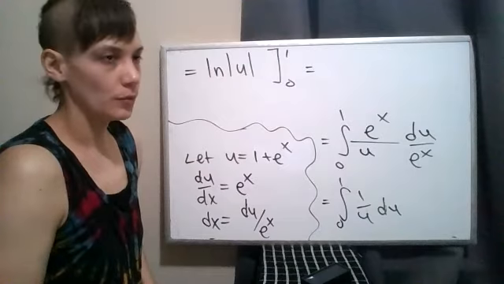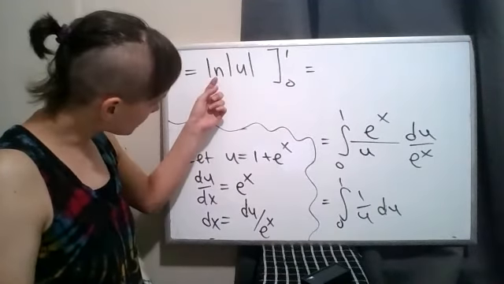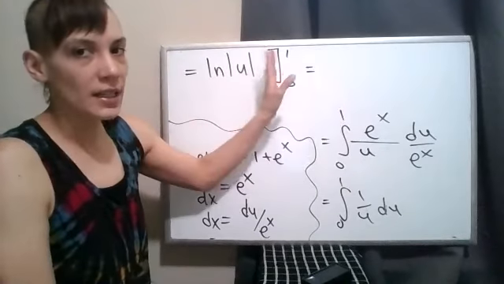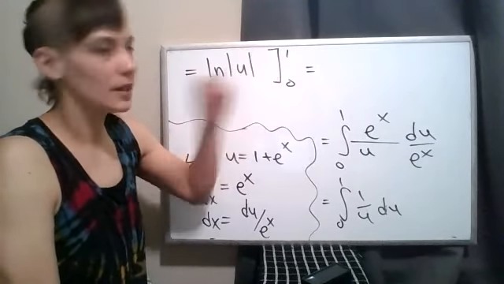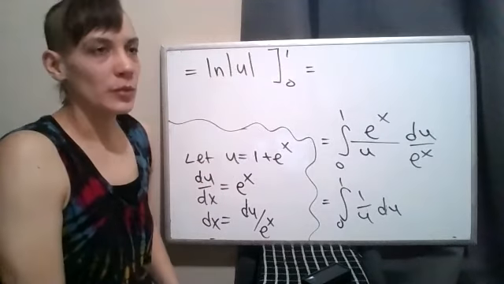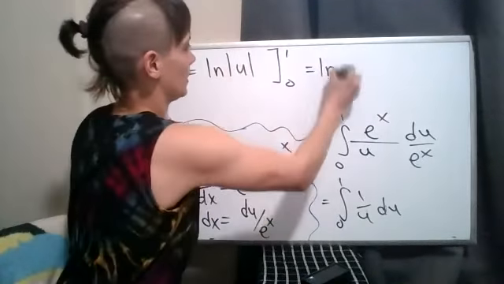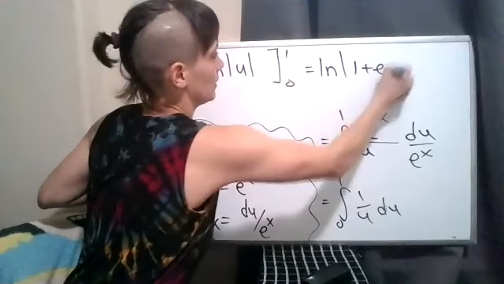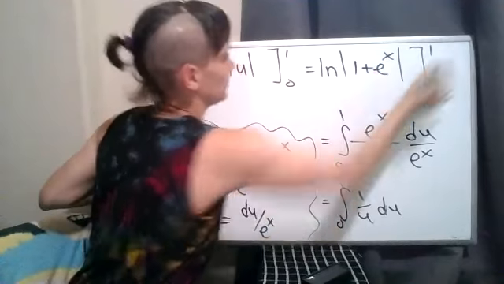And I would suggest that you get your expression back in terms of x. You can get these bounds in terms of u, but that's something we didn't really go over. It's doable, but we're going to just put u back in: ln absolute value of 1 plus e to the x from 0 to 1.